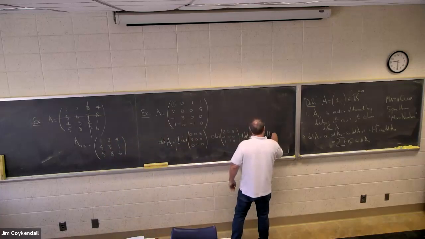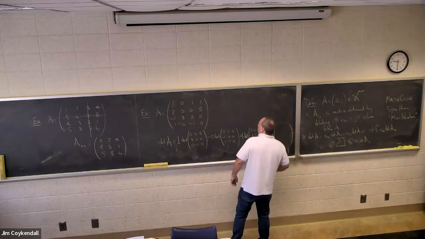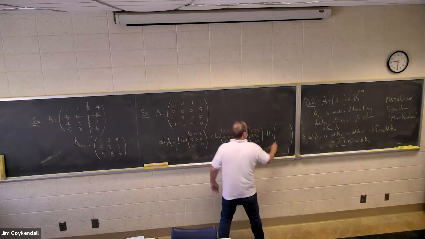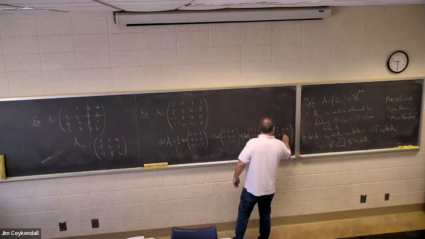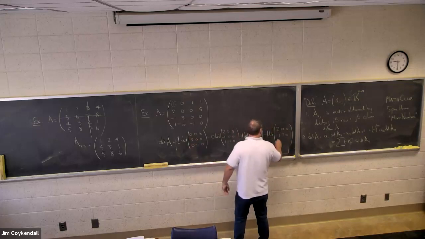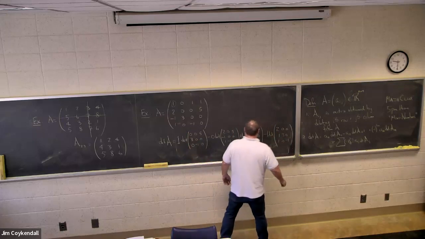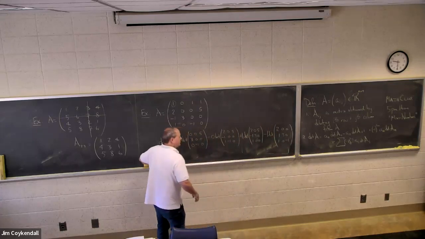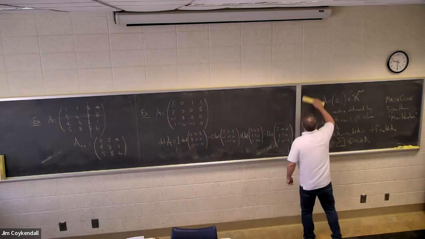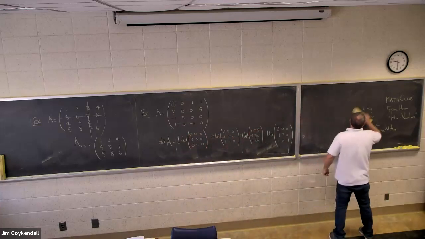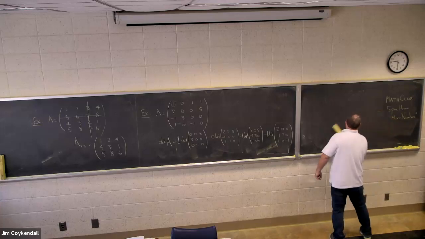Minus 1 times the determinant, finally, 2, 0, 0, minus 1, 3, 0, and 1, 0. Yeah, okay, so let's actually get a numerical answer for this instead of letting it hang.